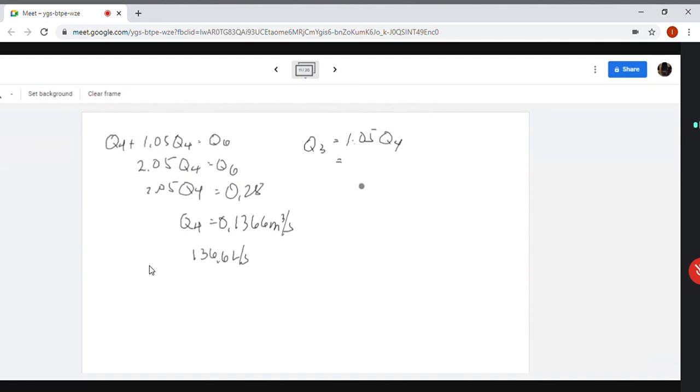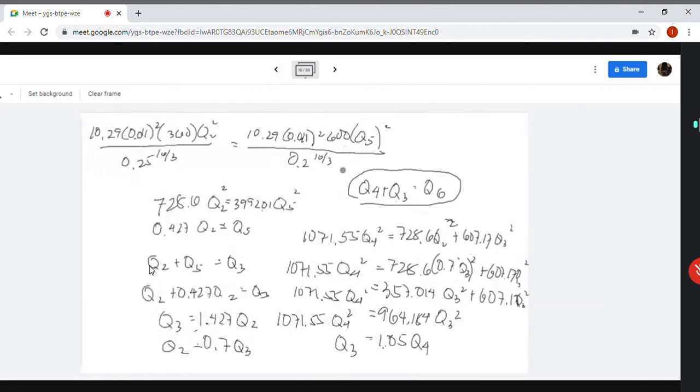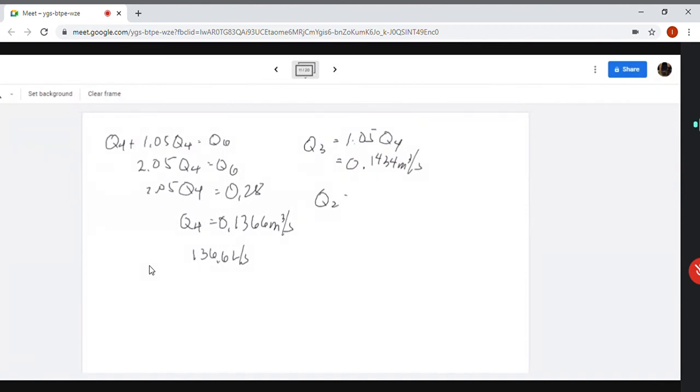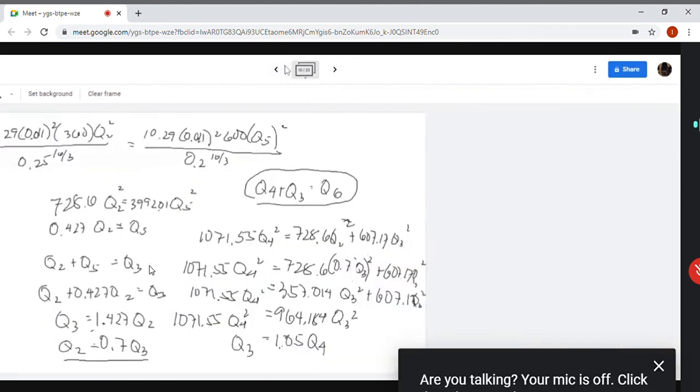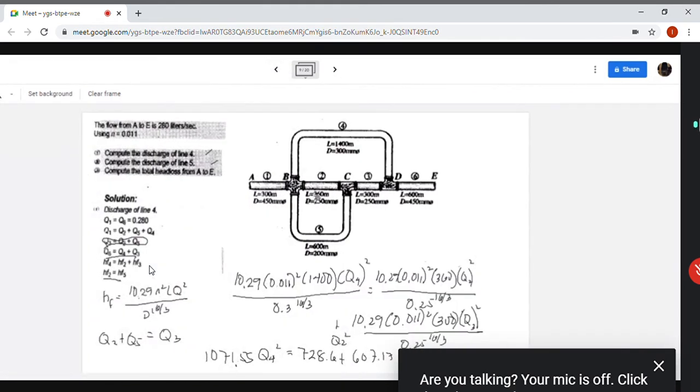Q3 is equal to 0.1434 meter cube per second. With Q3 and Q4, we can get Q2. Q2 is equal to 0.7 of Q3, so about 0.1. With Q2 and Q3, we can get Q5.